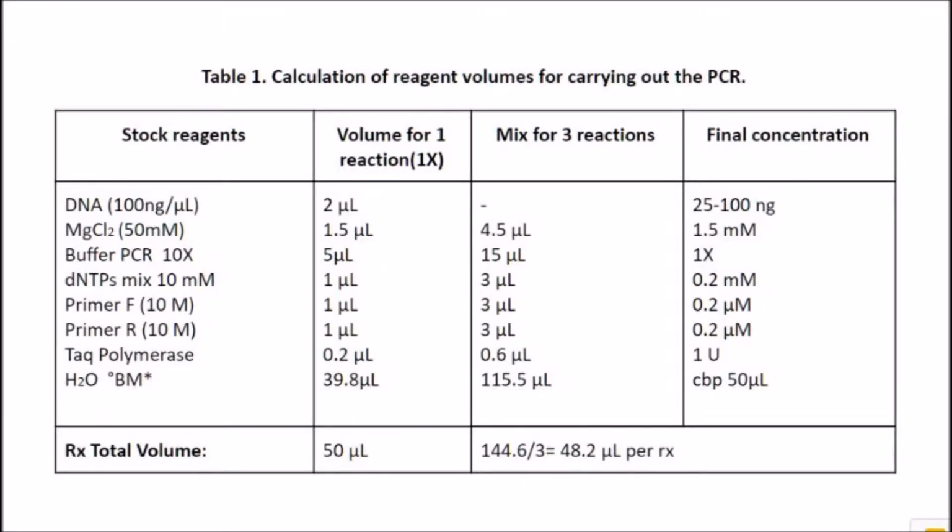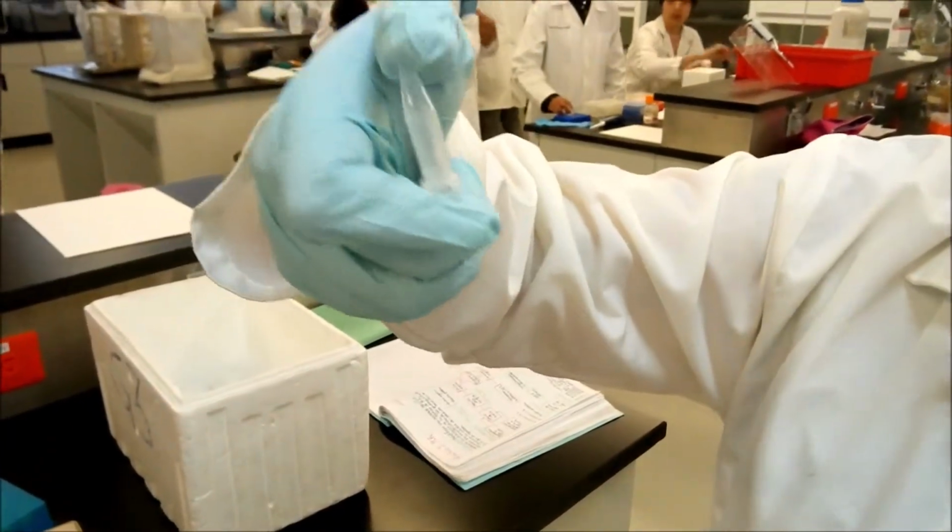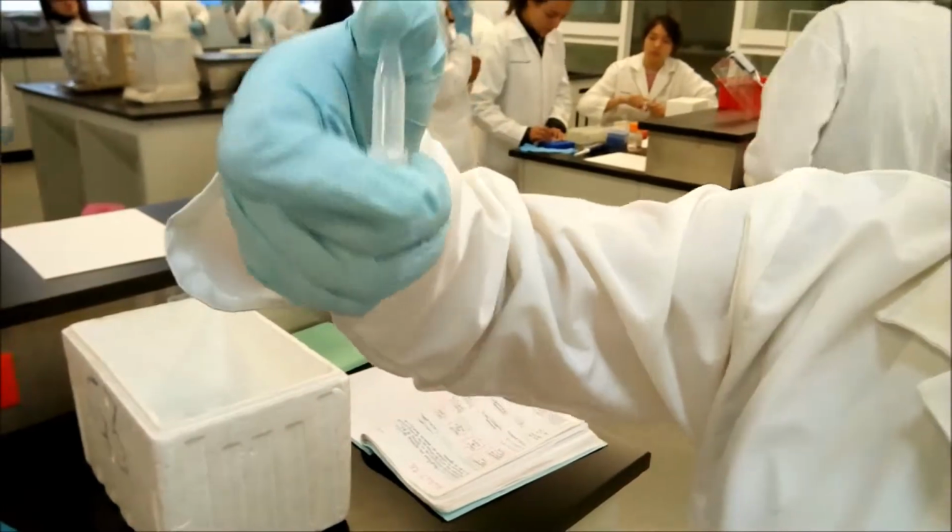To prepare the master mix solution for PCR, calculations were performed to determine the proportions and concentration of each of the reagents, which are shown in Table 1. Once the necessary quantities of reagents are placed, mix the master mix by inversion.